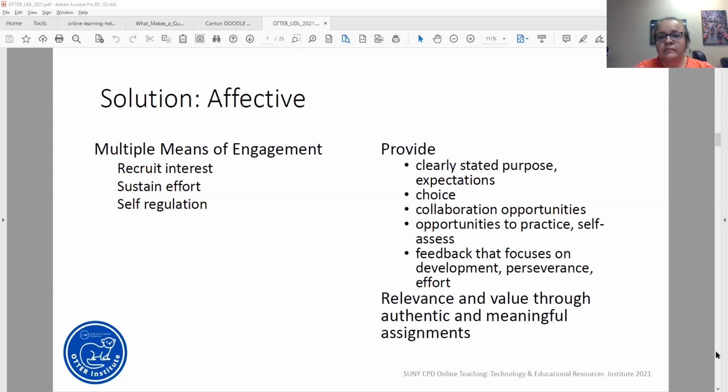And again, we spend more time learning when an assignment is relevant to us. So if you're providing authentic assessments, authentic meaning out of the real world, your students are more likely to see value and relevance in it, and that's why they're going to put more effort into their work.